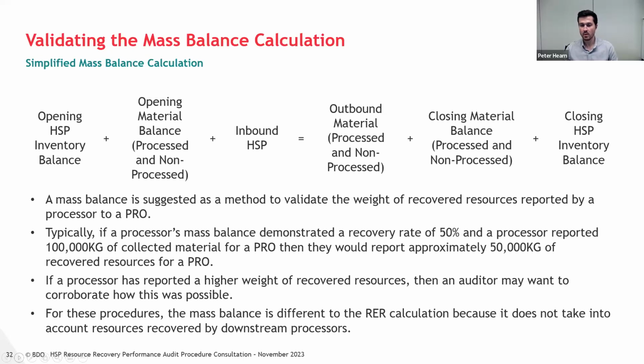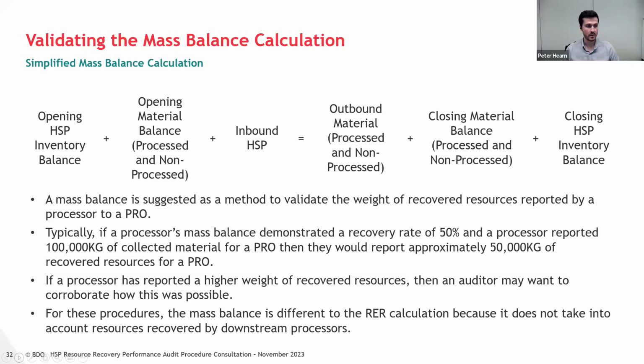The auditor would compare what was reported to their average mass balance for an entire year, and they may want to understand how they were able to recover more resources for this specific PRO than for the average feedstock that they receive. Of course, there are cases where there may be a difference.